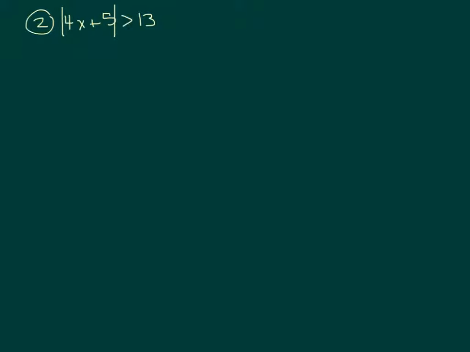So for this problem, if you feel like you're good enough to do it on your own, go ahead, pause right now. So our first step is to split this up. And we know that this is going to be an OR because it's a greater than. So we are going to start by writing this out as 4x plus 5 is greater than 13.